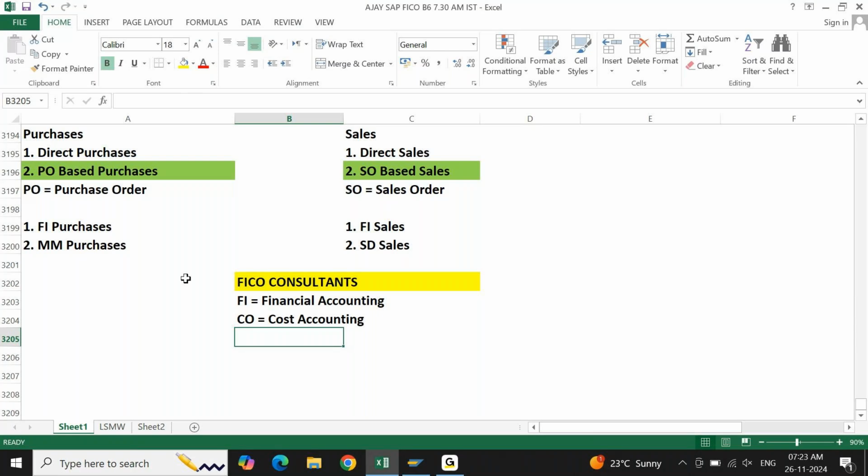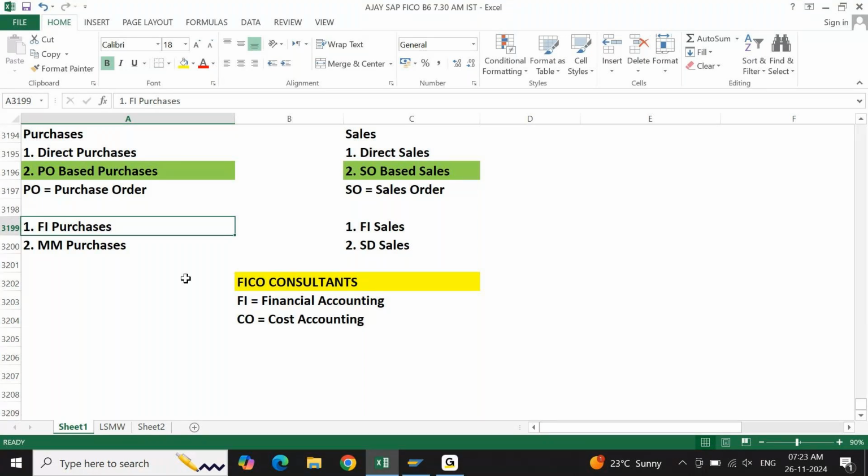Now, debit credit accounting entries for your purchases, for your sale, is related to FI or is it related to CO? FI. That's why here you are clearly writing FI purchases, not FICO purchase. We are not writing FICO purchase, right?